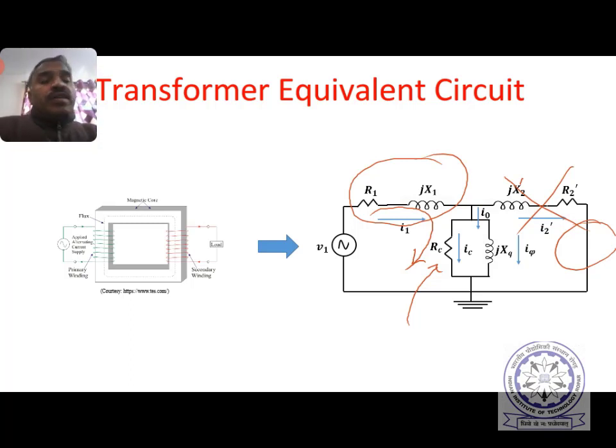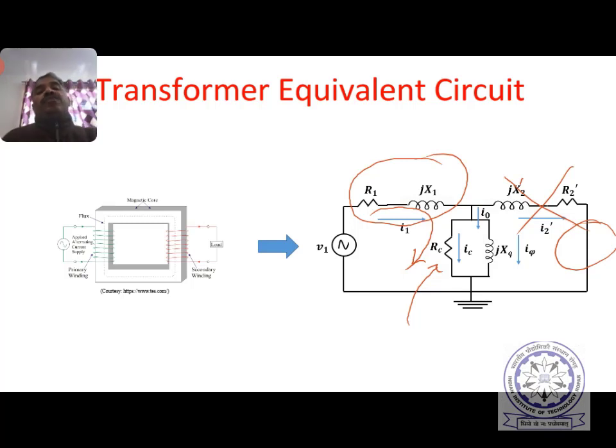There are losses in the conductor. Of course, no load current will flow through the wire only. So there are losses in the conductor, and there are losses in the magnetic part also, that is hysteresis and eddy current losses. So these four types of losses predominantly occur in the transformer under no load.